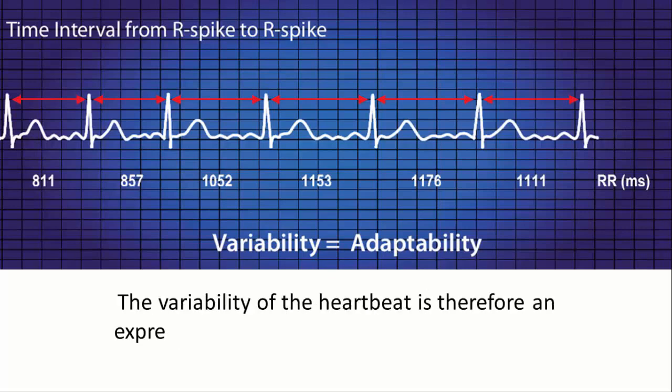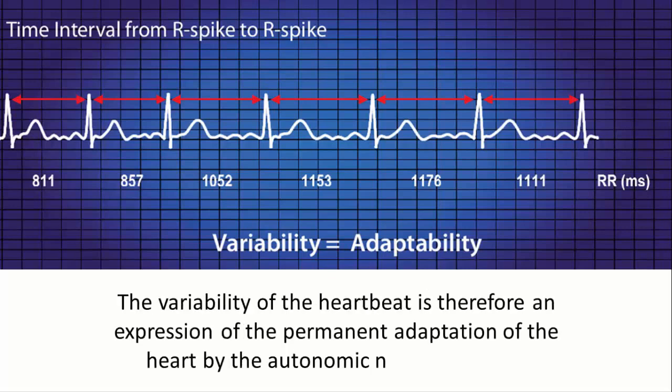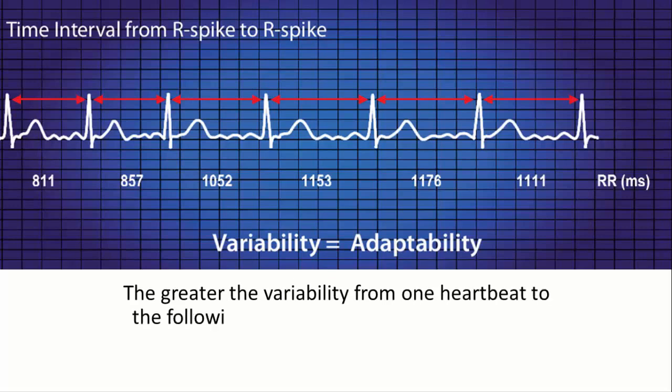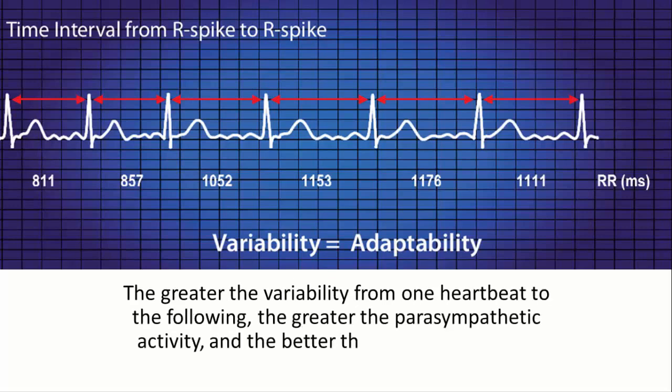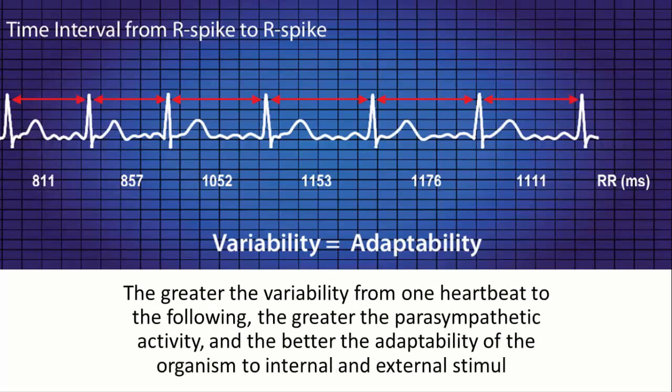The variability of the heartbeat is therefore an expression of the permanent adaptation of the heart by the autonomic nervous system. The greater the variability from one heartbeat to the following, the greater the parasympathetic activity, and the better the adaptability of the organism to internal and external stimuli.